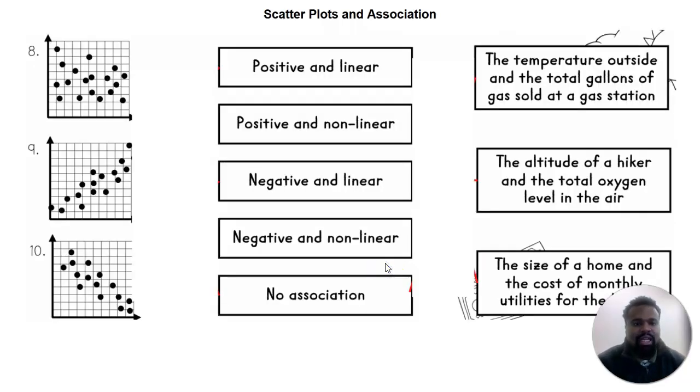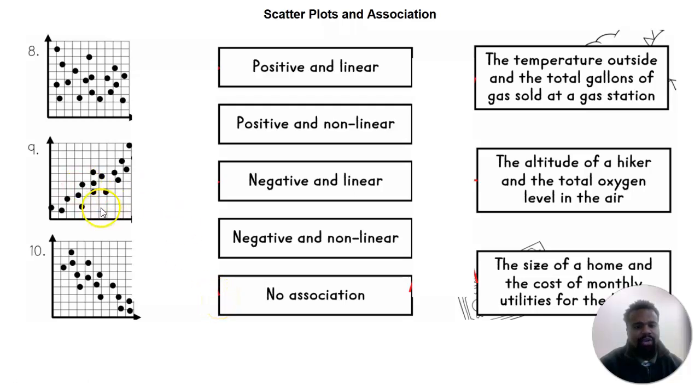Let's take a look at these and try to see if we can match which is which. So we got positive and linear, positive and nonlinear, negative and linear, negative and nonlinear, and no association. So if I had to look, this right here, it doesn't form a direction whatsoever. So this looks like this might be no association. We're going to double check.